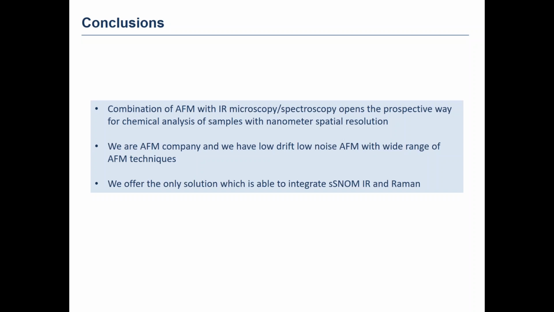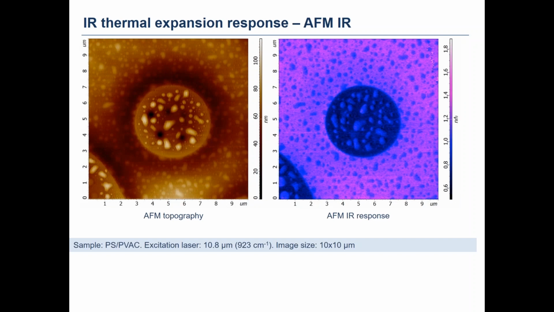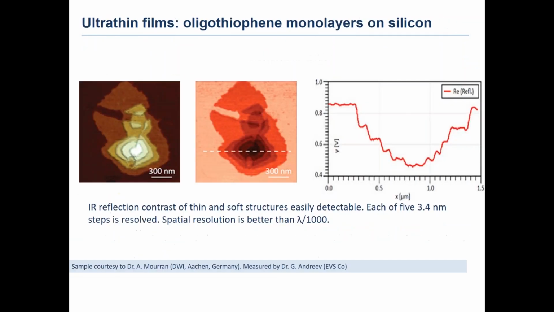In AFM-IR modes, where we measure the mechanical response, there is a limitation. The sample cannot be too thin, because, as shown in one of the slides, these ligand monolayers, for example, are too thin to actually demonstrate the thermal expansion. But in the scattering SNOM regime, we can clearly see the contrast.